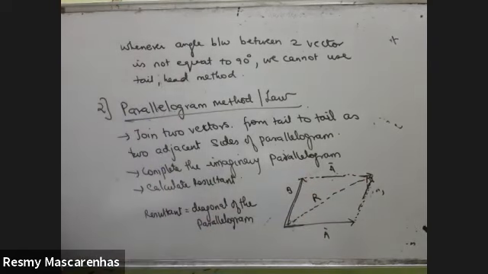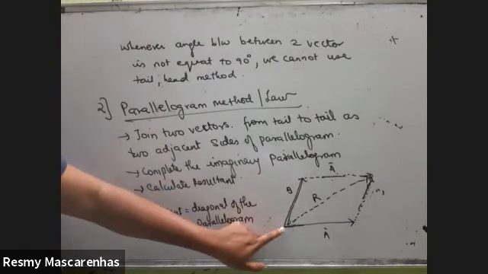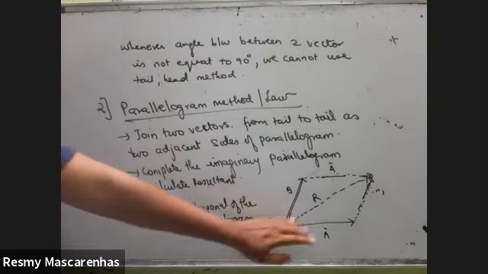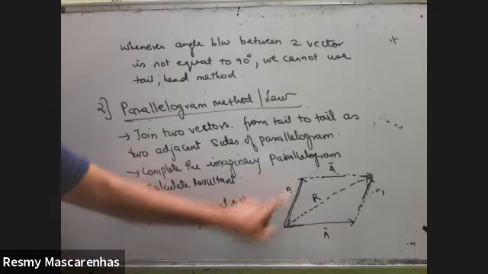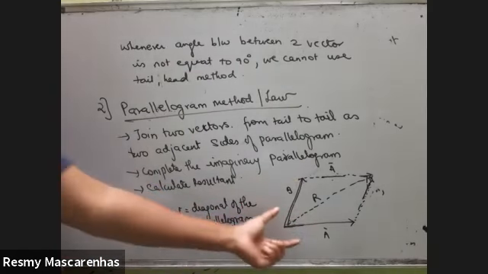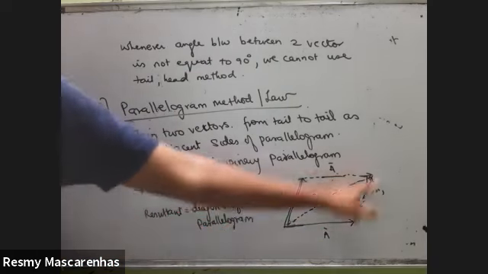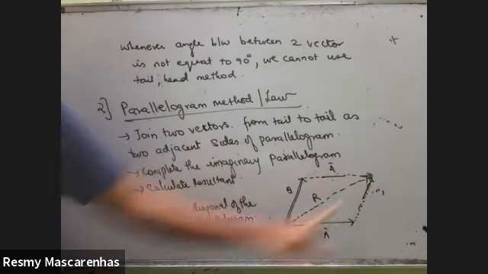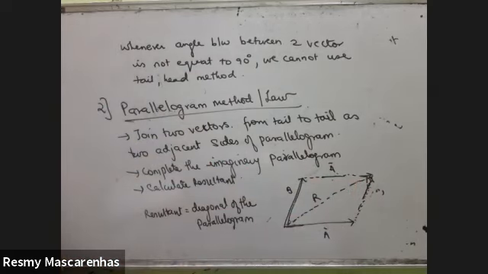This one will always be a resultant. So the first step says the two vectors A and B should have a tail to tail joint, as two adjacent sides of the parallelogram. If they are separate, bring them together in this form. Then complete the imaginary parallelogram, and the diagonal will always be your resultant.